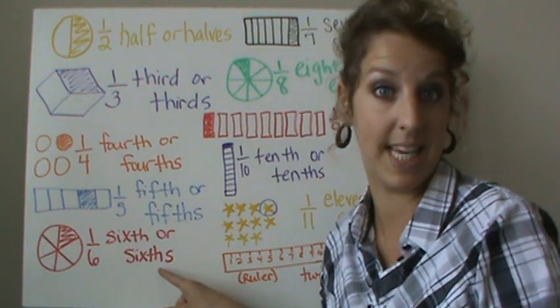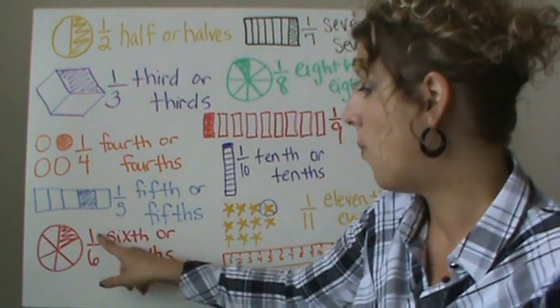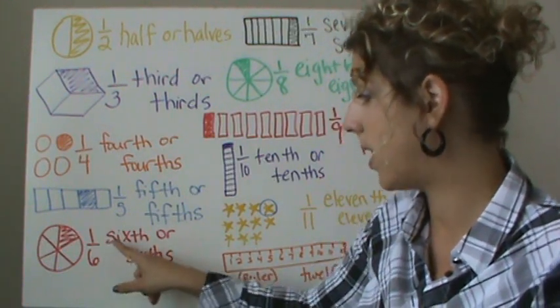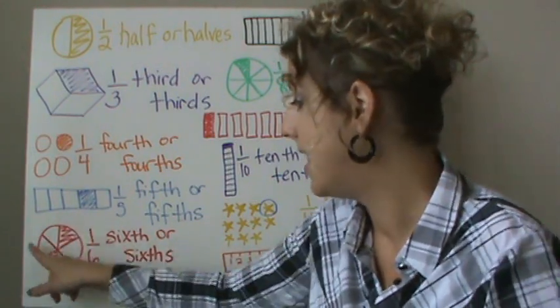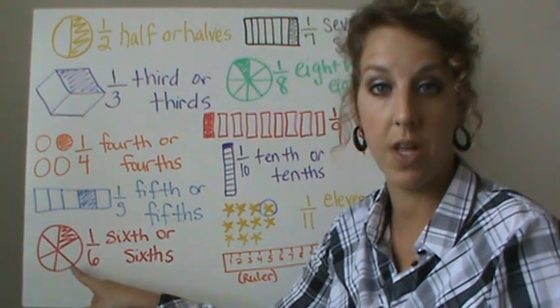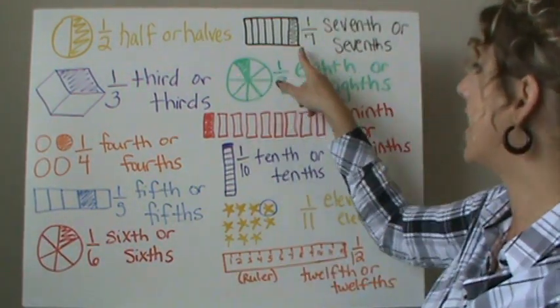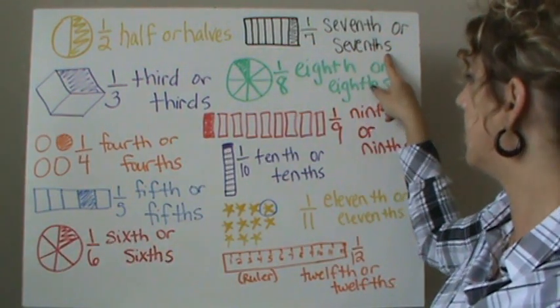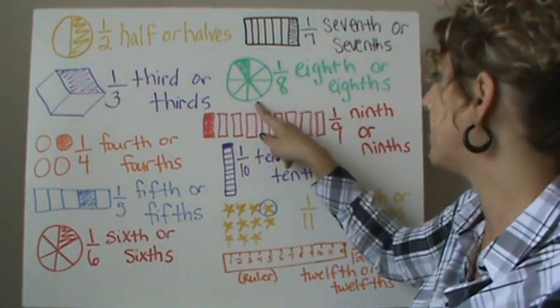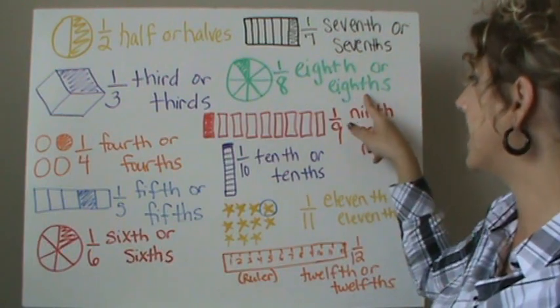This is the hardest one, I think, to say. I always get tongue-tied. 1/6, or multiple sixths. That one's hard to say, but this means there are 6 parts to the whole. Here you have 7 parts to the whole, so 7th or 7ths. These are 8 parts to the whole, 8th or 8ths.